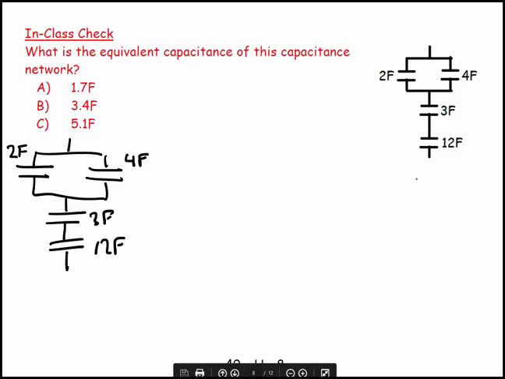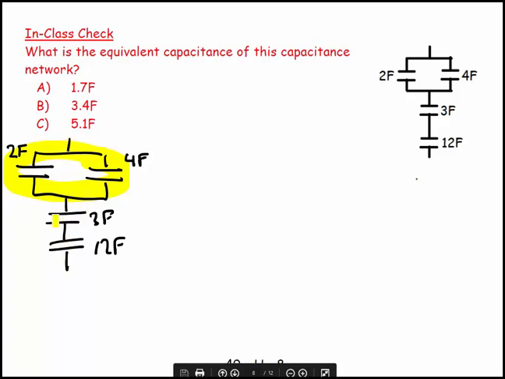Now, what I need to do is sort out, is this a series bit that's in a parallel network, or is this a parallel bit in a series network? It's hard for me to put it into words, but when I look at this, I can see that these two are unambiguously parallel. And if I could reduce them to one capacitor, then they would form an unambiguous series network.